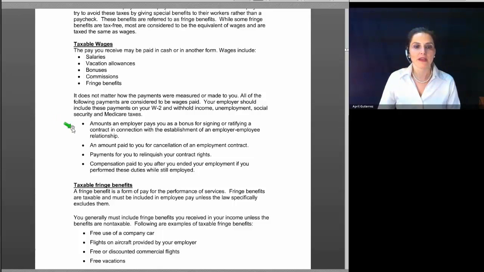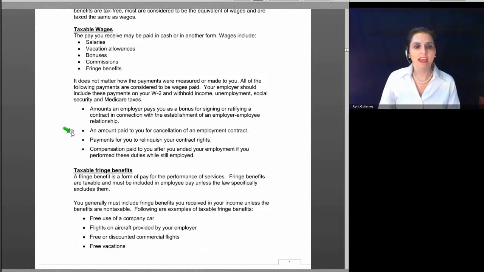These include amounts an employer pays to you as a bonus for signing or ratifying a contract in connection with the establishment of an employer-employee relationship, essentially a sign-on bonus. An amount paid to you for cancellation of an employment contract. Payments to you to relinquish your contract rights. And compensation paid to you after you ended your employment if you performed duties while you were still employed.